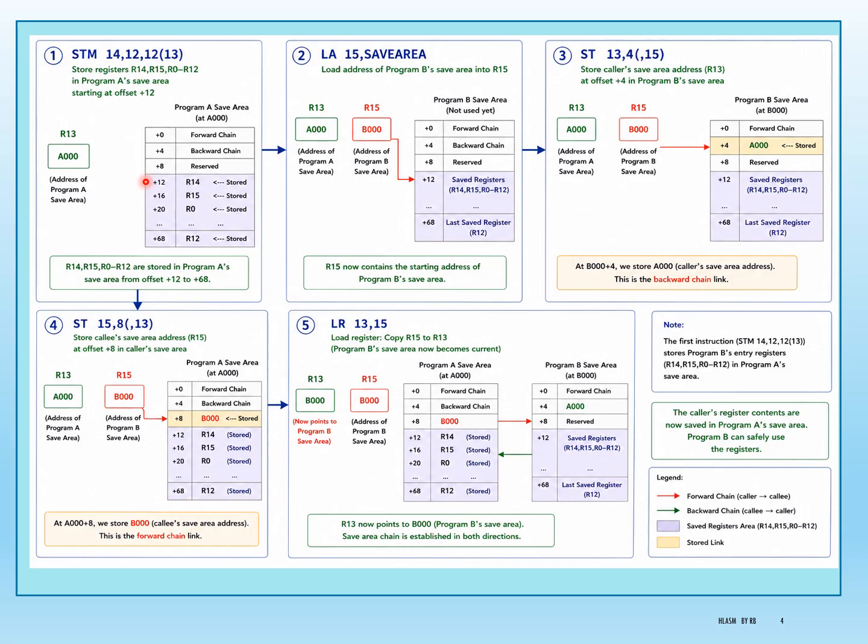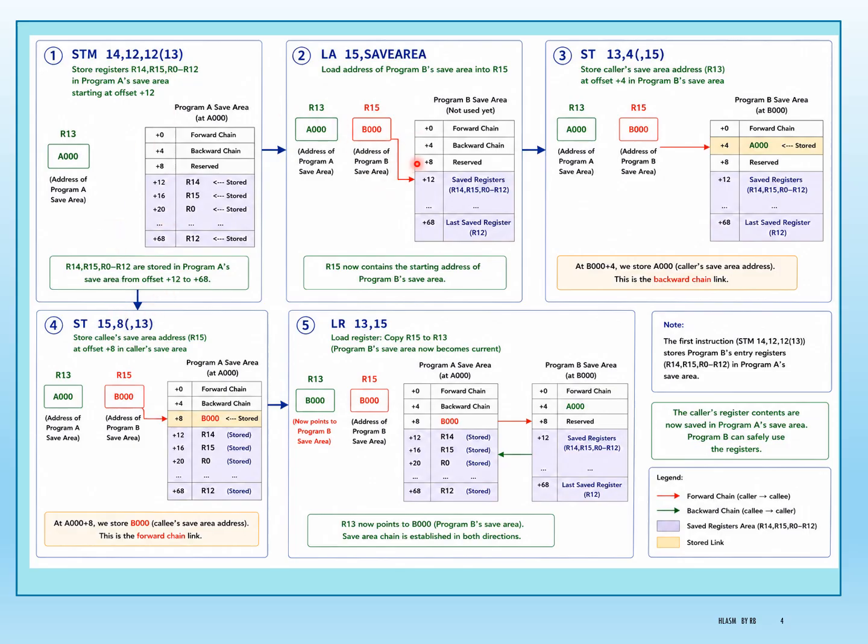That is why, when we are about to exit from program A, we are taking the data of all the registers and storing it in save area A, whose address is starting at A000, starting from offset 12. Okay, I think you are clear about it. Store registers R14, R15, R0 up to R12 in program A save area starting at offset plus 12.